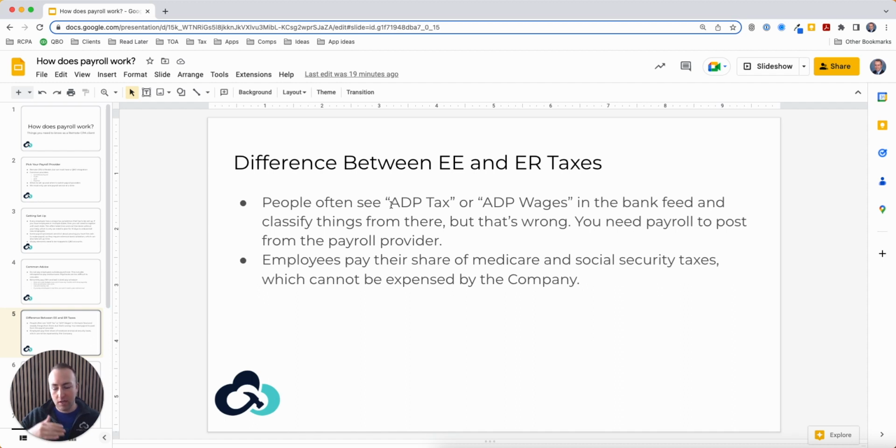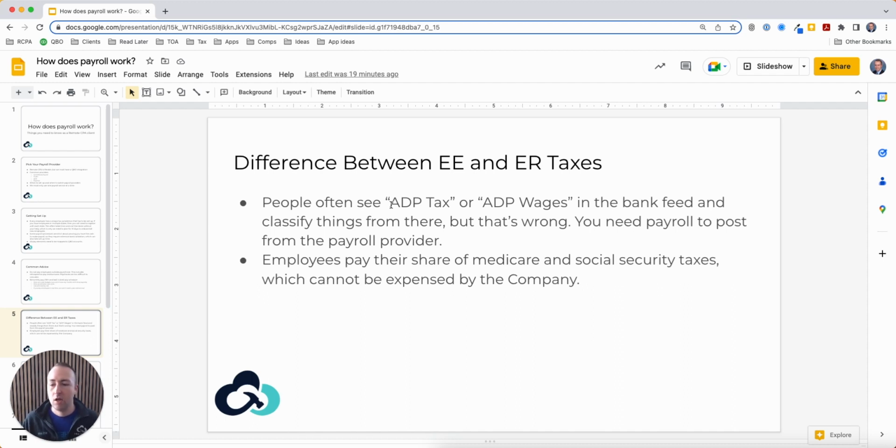Your deduction is the wages that you paid the employee. That's your full deduction, and then the amount of tax that's withheld from that employee's check is attributable to the employee. So you still get the deduction, you just need to classify usually half of that as wage expense instead of payroll tax.